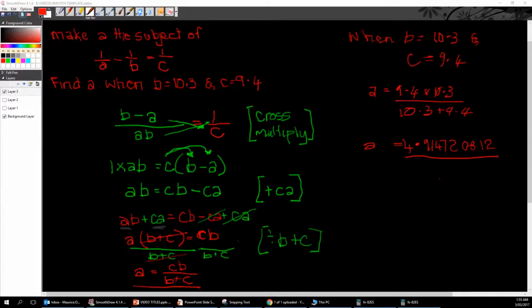Then we cross multiplied, which enabled us to get all the A terms on one side, factorized those, and came up with the answer: A equals C times B over B plus C. Then we did the little calculation to find out what A was, and a little check to make sure the formula's right.